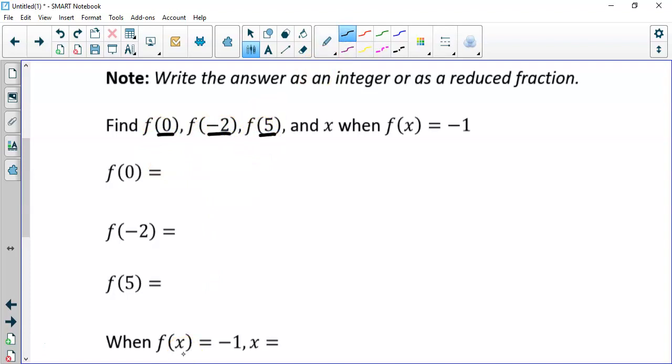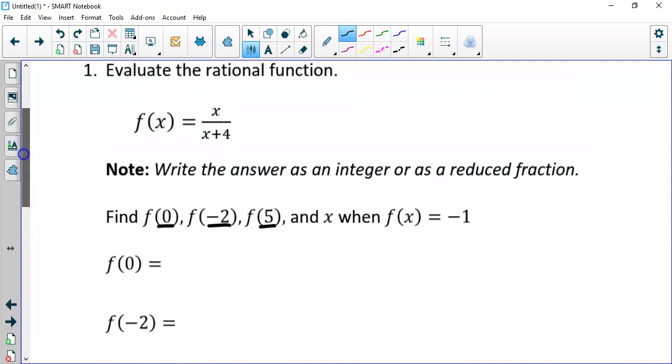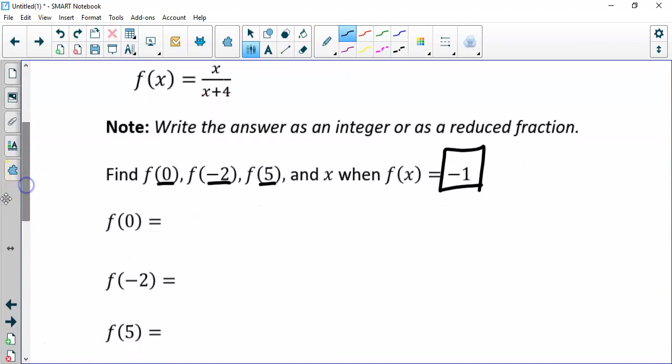All they want you to do is take those values, each one individually, plug it in, and kick me out an answer. Who is this? That's your y value. So you'll need to plug that into the y to get the last one. We'll talk about the last one soon enough. But go ahead, do the first three. We're telling you what x is. All you got to do is plug them in. Kick me out some answers.